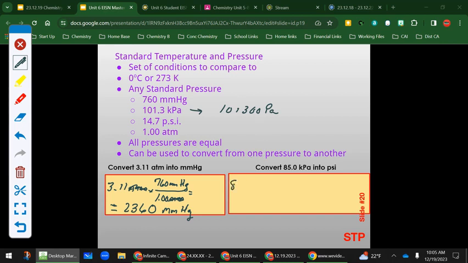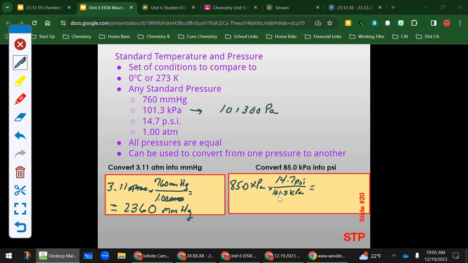All right. 85.0 kPa. All right. If we're going to go into PSI, what has to go where here, ladies and gentlemen? 101.3 kPa goes on the top. What goes on the top? 14.7 PSI. All right. So here's one, ladies and gentlemen, where you will not have a 1.